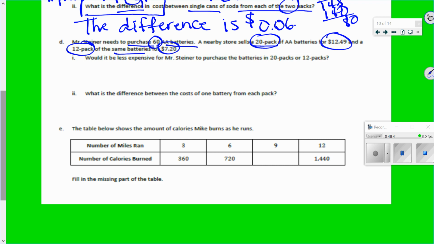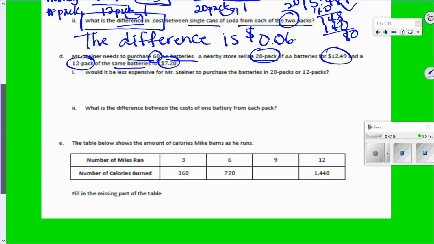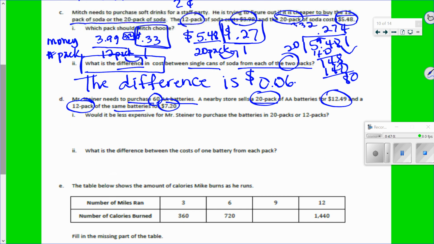Yes, do you want to do the first one? Okay, Mary, come up. Which one do you want to do? The 20 pack for $12.49. Okay. She's going to show us how she set up the 20 pack at $12.49. Good.